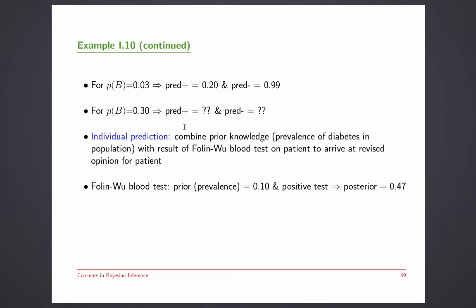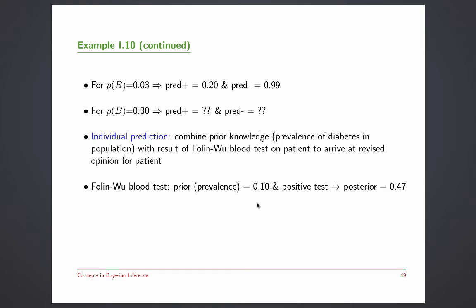Assume now that a physician wonders whether a patient suffers from diabetics. In the population, the general prevalence is, for instance, 0.10. Suppose now that the blood test shows a positive result for that patient.